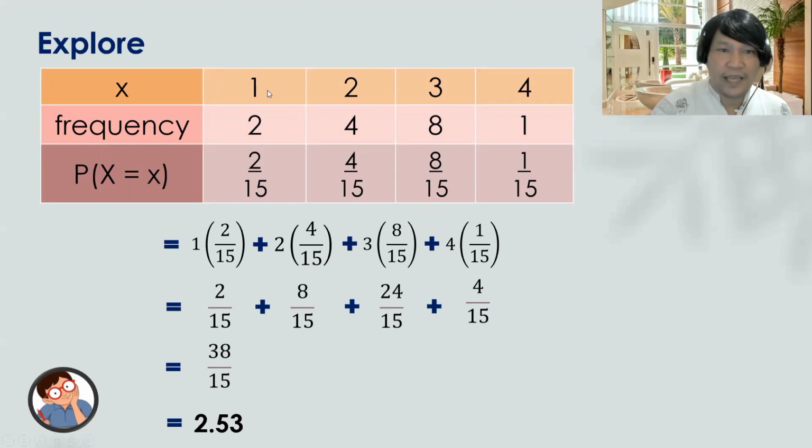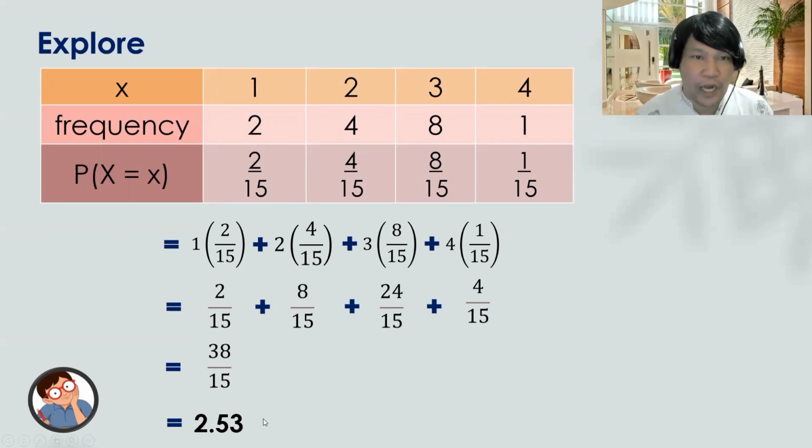We just multiply the given random variable times its corresponding probability, and then we get the sum of the products. Whatever the sum of the products is, that becomes the average or expected value of the given discrete probability distribution.